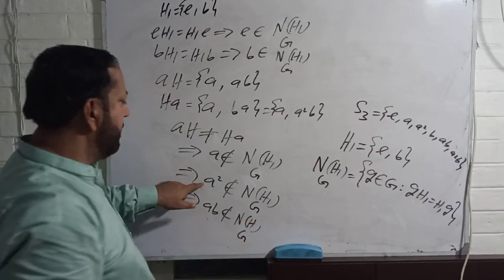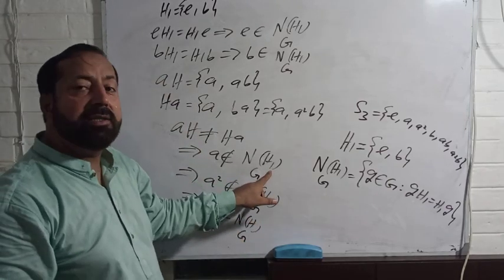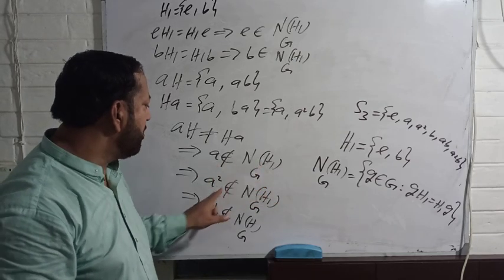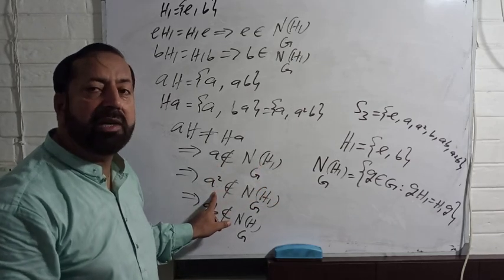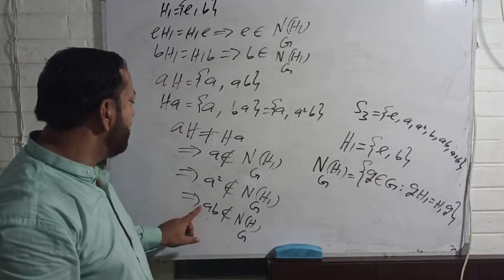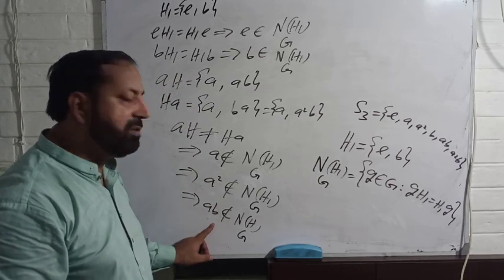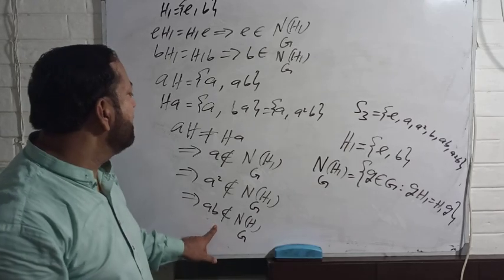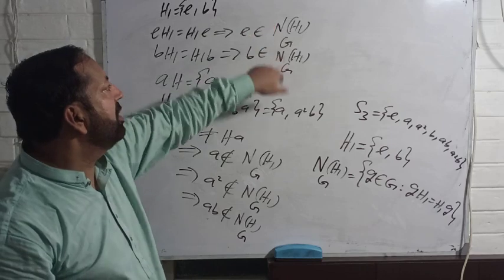How can I write directly? Since the normalizer is a subgroup, if A is not an element, how could A square be? Because A square is in fact AA. Because B is in the normalizer and A is not, AB is not. That's why you will see that A square B is not an element of the normalizer. So you have only two elements.